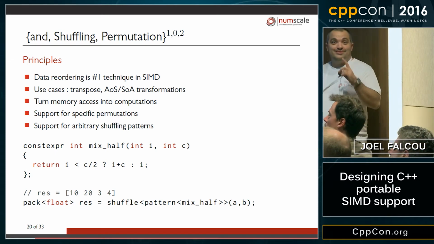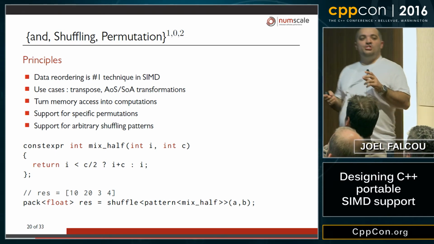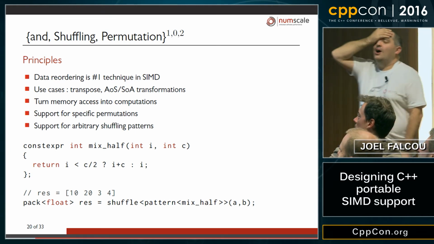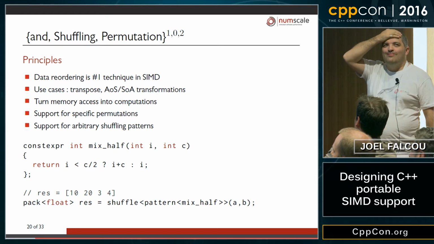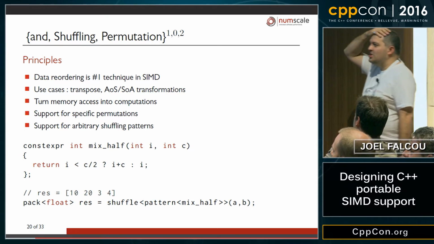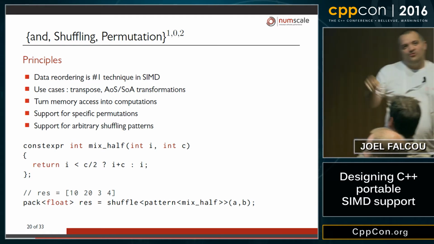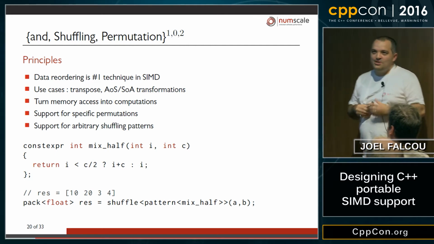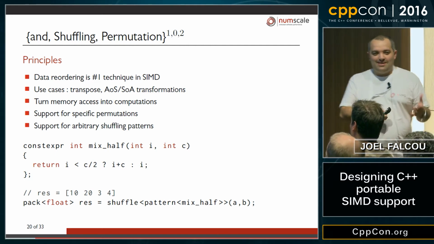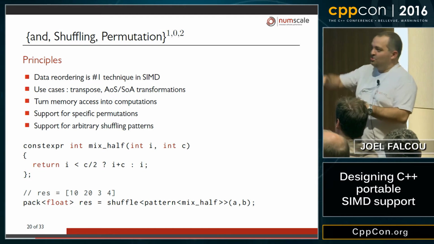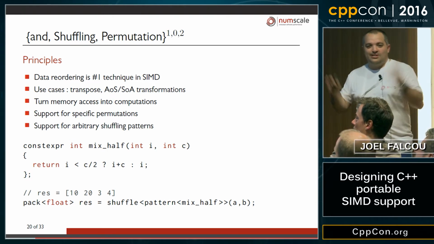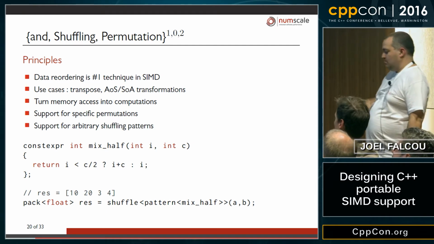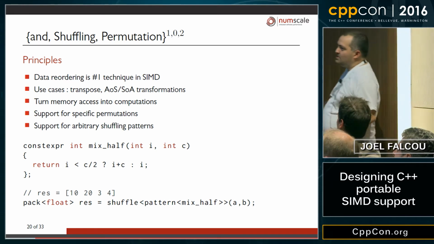As I say, we support size 1 packs, even if it looks strange. And the problem is, if you write shuffle of 0 and A, Visual Studio is confused because 0 can be an integer, or it can be a null pointer conversion to a pointer to this function. So it doesn't know which one to take. All other compilers pick the correct one, which is picking the integer. So we just wrap the things, and everybody is happy.